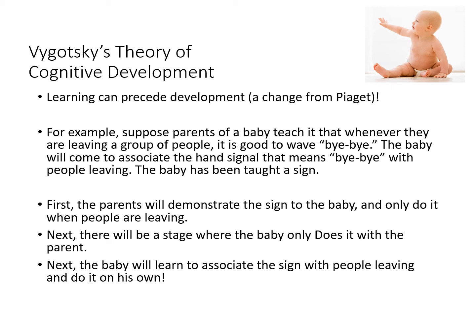And the baby may notice that their parents only do it when people are leaving. Next, there will be a stage where the baby only does it with the parent, and then the baby will learn to associate the sign with people leaving and do it on his own. The baby has been taught the sign.